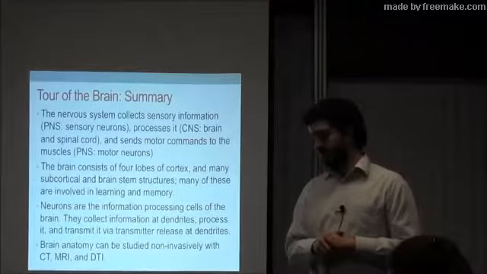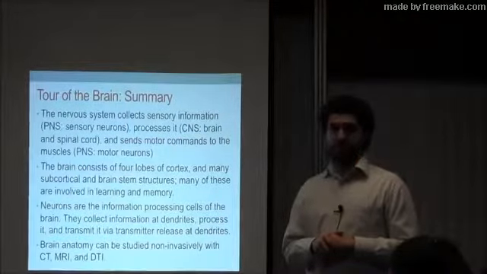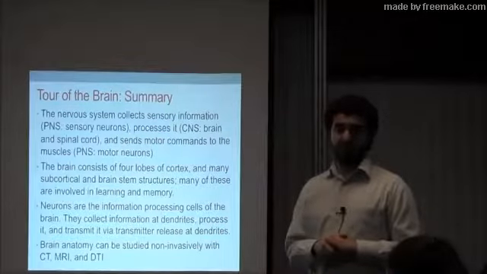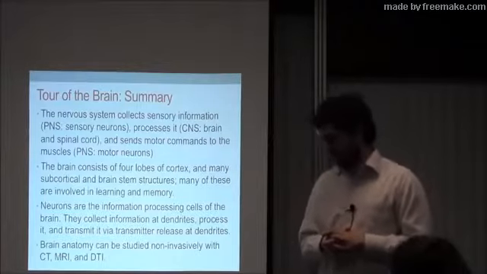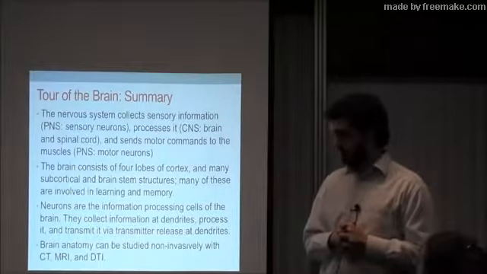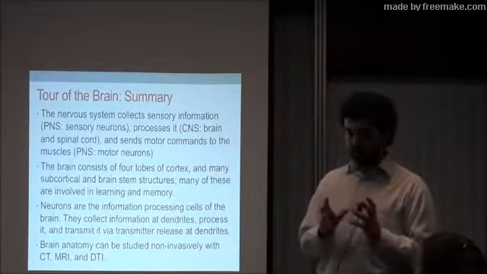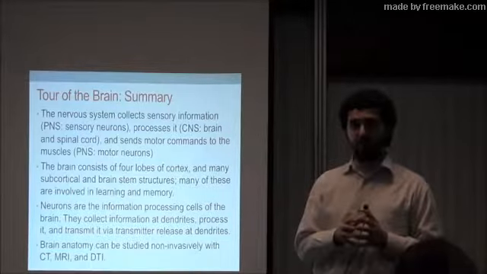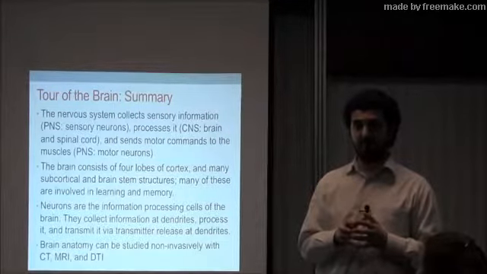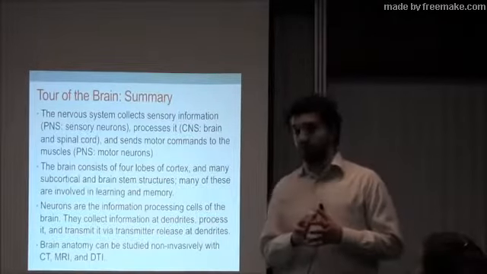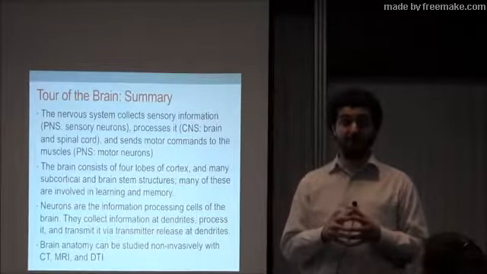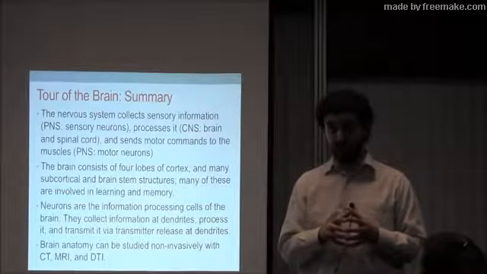Okay, in summary, the major parts of the nervous system are the central and the peripheral nervous system. The brain has 4 major lobes: frontal, parietal, occipital, and temporal. And neurons and glial cells are the building blocks of the central nervous system.